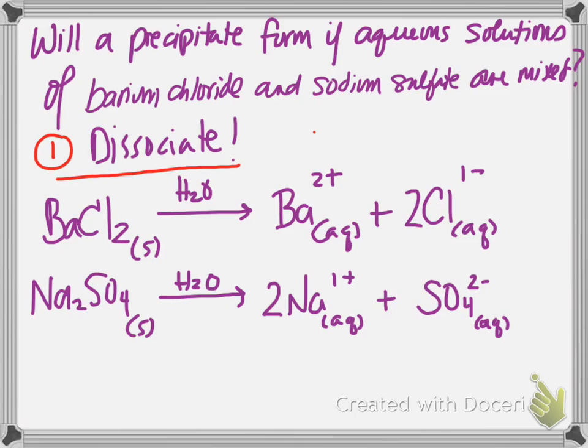So we have 1 barium here, 1 barium here, 2 chlorides there, 2 chlorides there. Great. This entire side is neutral. Is this side neutral? Yes, overall it is, because you have 1 that's got a 2+ and you have 2 that have 1-. So if you've dissociated it correctly, not only will your atoms balance, but your charges will too. Okay. So moving on, what's our second step?